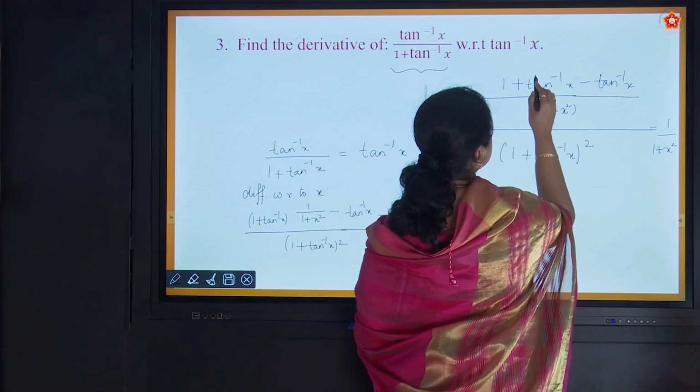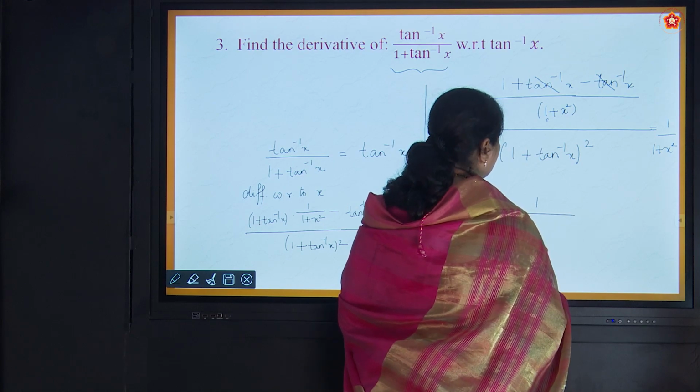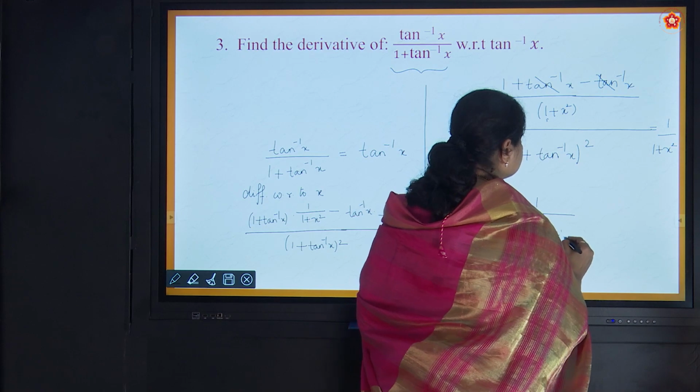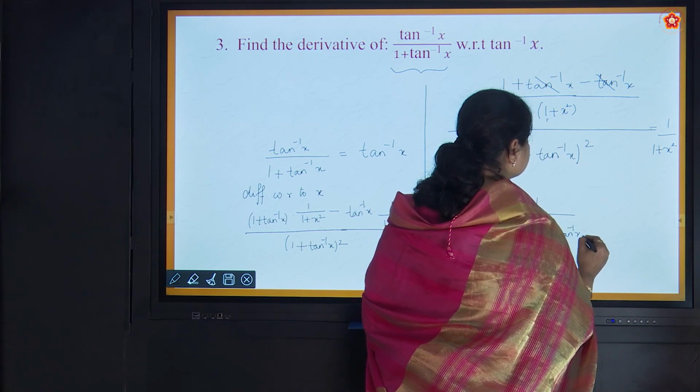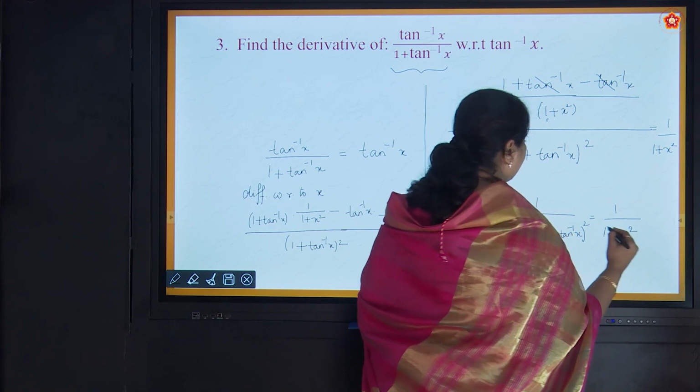So now what happens? This goes off. So I have 1 by 1 plus x square into 1 plus tan inverse of x, the whole square, is equal to 1 by 1 plus x square.